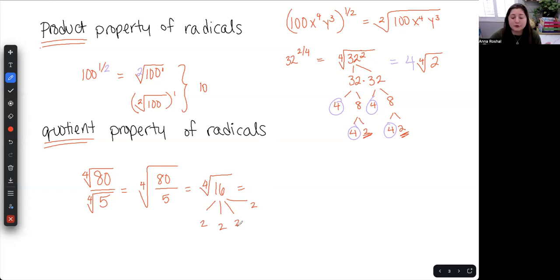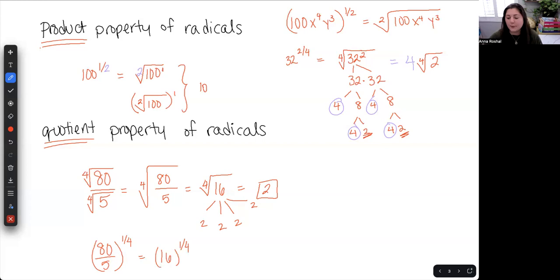And so since I found a group of 4 things that are exactly the same and I'm looking for the fourth root, I know that my answer to that problem is going to be 2, right? Same business if this had been 80 over 5 and this was all to the 1/4 power. These two things actually mean the same exact thing. Technically, I would have done 16 to the 1/4 power, because 80 divided by 5 is 16 already.